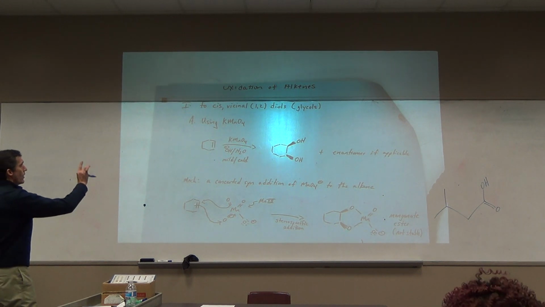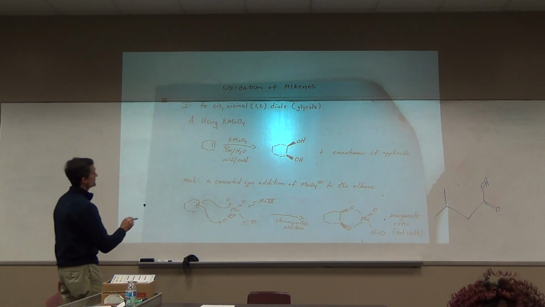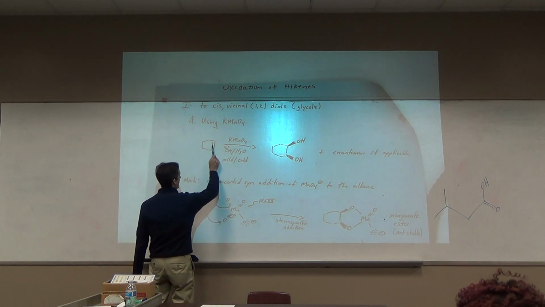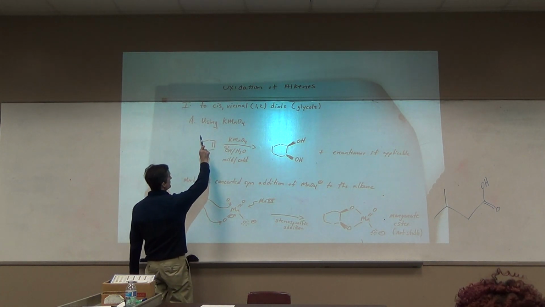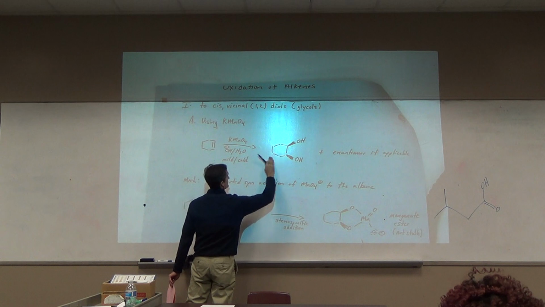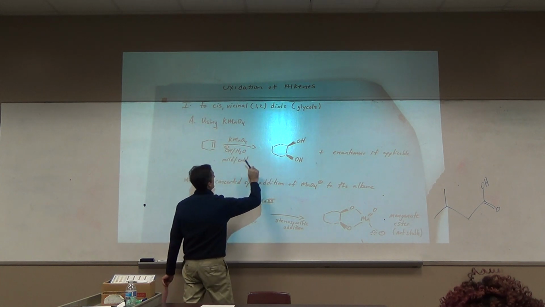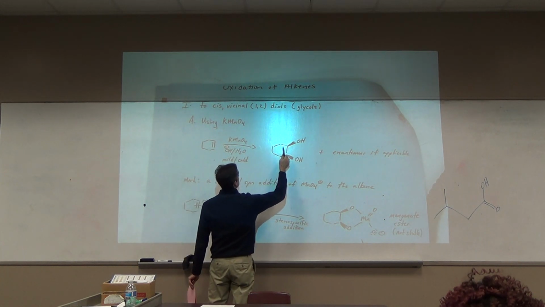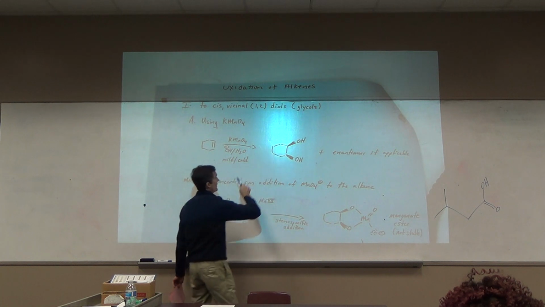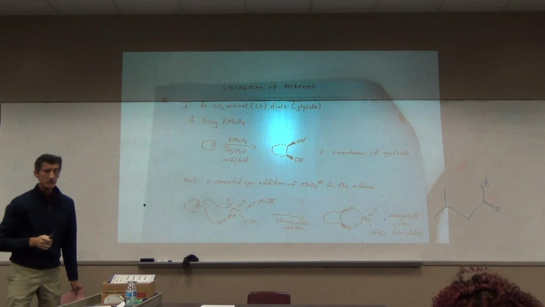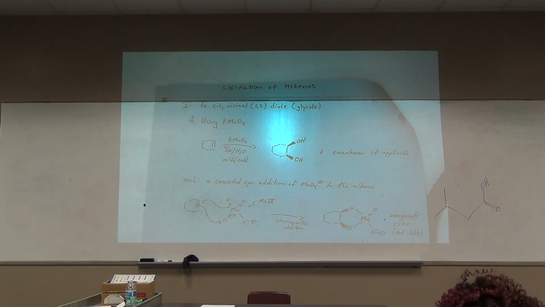Okay. One reaction of alkenes is to oxidize the alkene to a cis-vicinal diol. Vicinal, 1,2. Cis diol. Diols are also known as glycols. Sort of a slang name for a diol. Ethylene glycol, antifreeze. Okay?